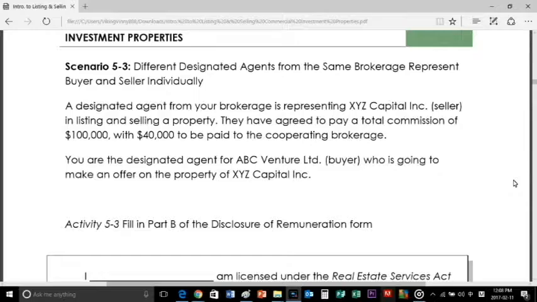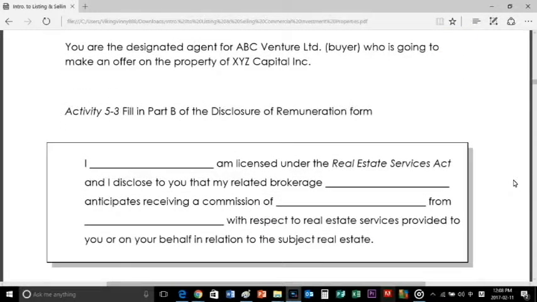They have agreed to pay a total commission of $100,000 with $40,000 to be paid to the cooperating brokerage. You are the designated agent for ABC Venture Limited, buyer, who is going to make an offer on the property of XYZ Capital Inc.